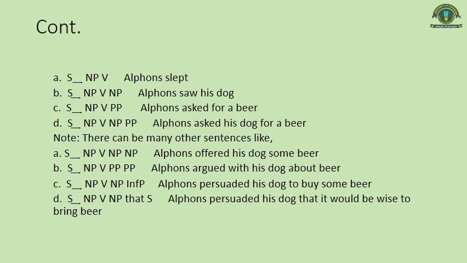First, S is made up of noun phrase and verb phrase. Second step, you need to describe the verb phrase separately. For example, here the verb phrase is made up of verb and then noun phrase and prepositional phrase.